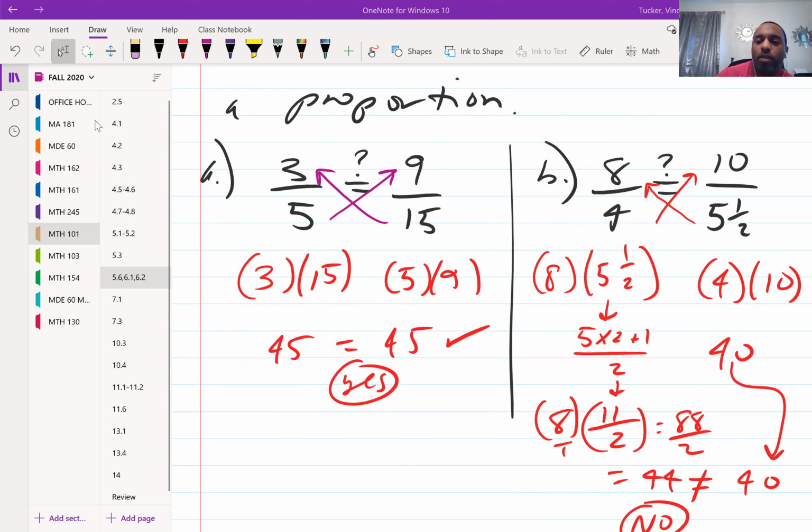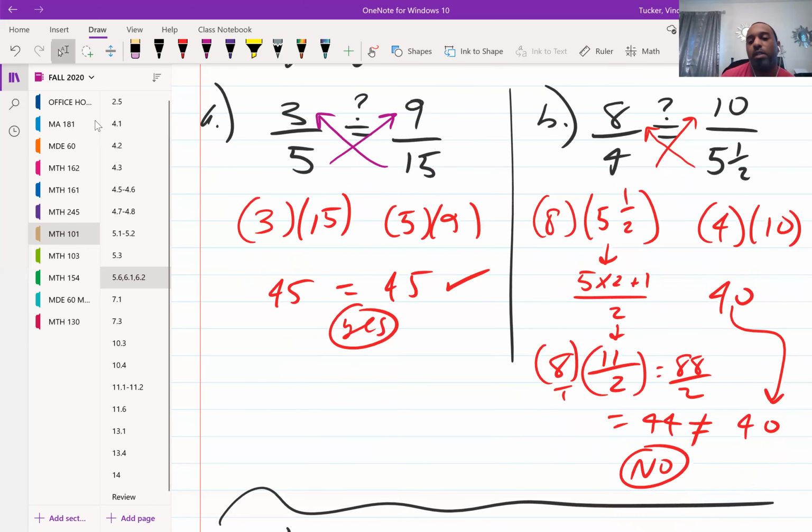So I converted the 5.5 to 11 over 2 and multiplied, and that gave me 88 over 2. 88 over 2 is 44. And of course, over here, 4 times 10 is 40. And 44 does not equal 40. So that's not a proportion.